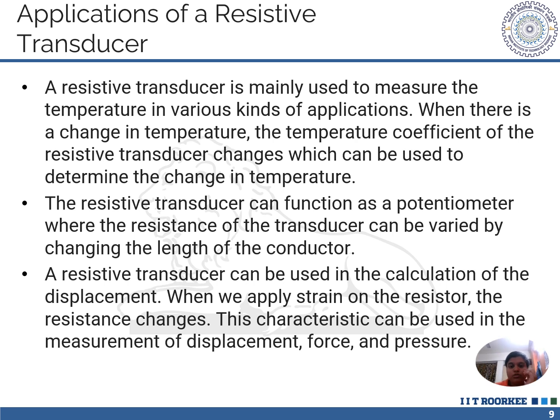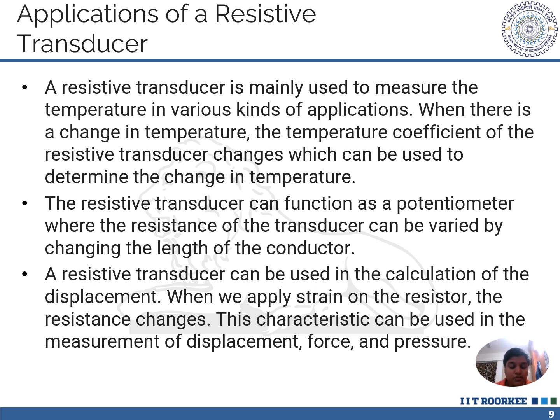Now we come to the applications of resistive transducers. Resistive transducer is mainly used to measure the temperature in various kinds of applications. When there is change in temperature, the temperature coefficient of the resistive transducer changes, which can be used to determine the change in temperature. One more application is the potentiometer.